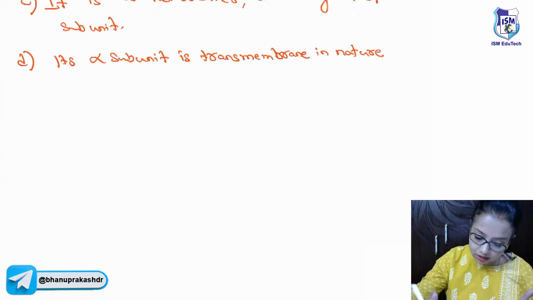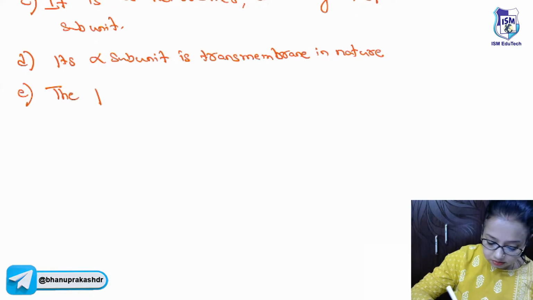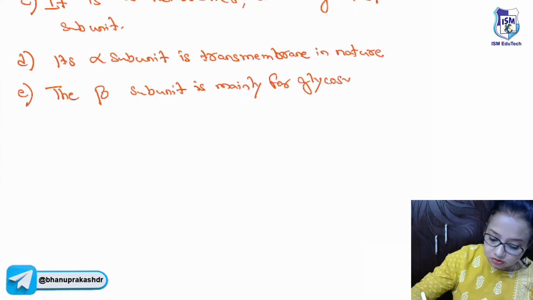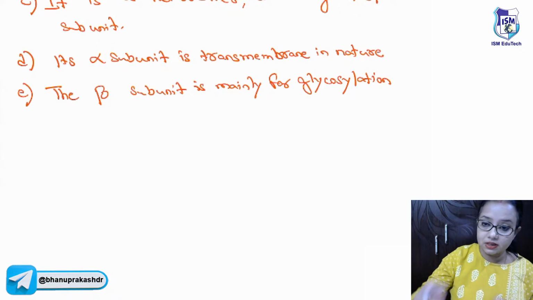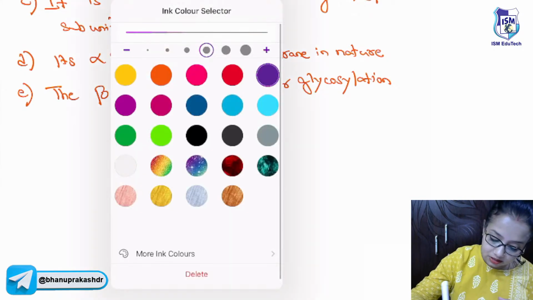We will of course draw it and then understand the diagram. The beta subunit is mainly for glycosylation. It has the sites where glycosylation happens, but the transportation, the carrying part, happens by the alpha subunit.